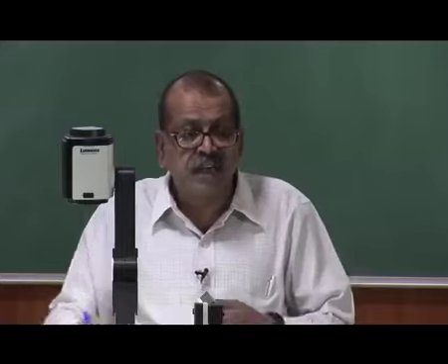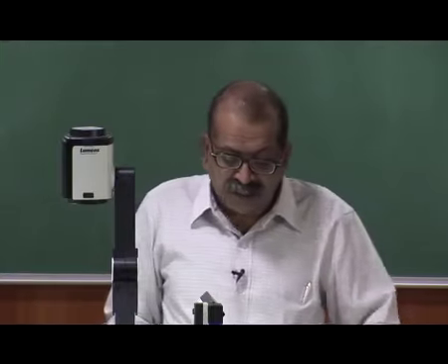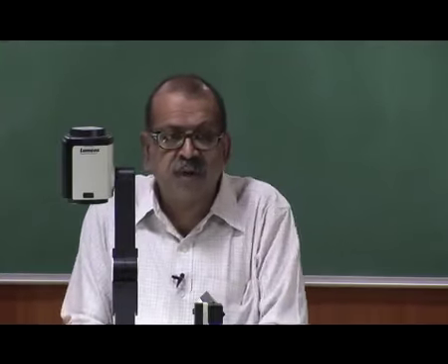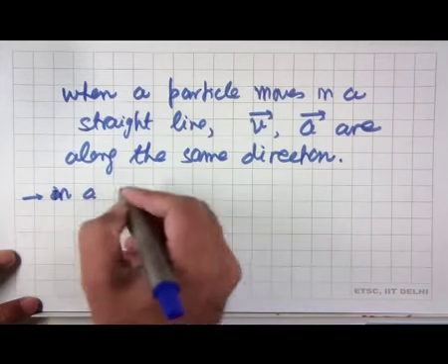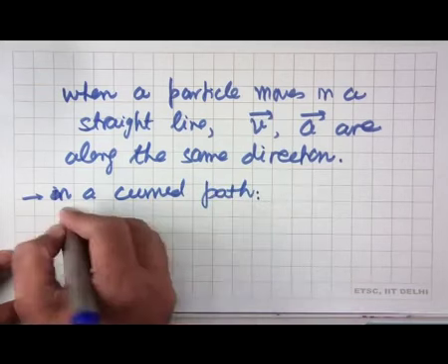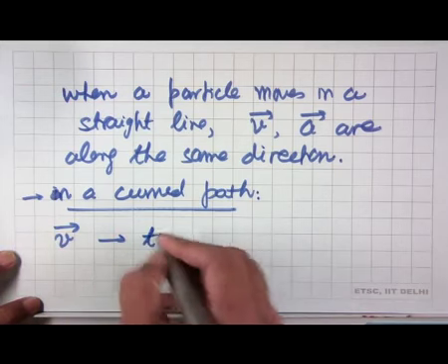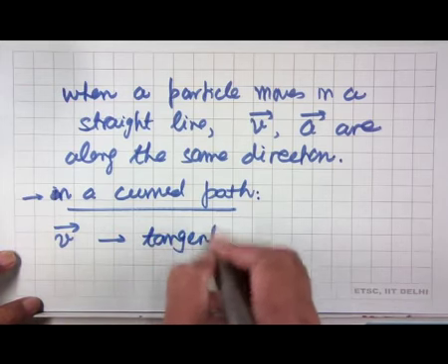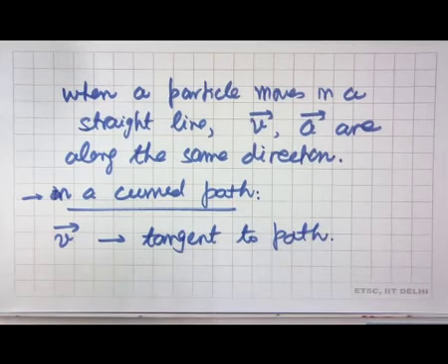Of course, it can have a negative sign, which means it could be against that direction, but in general that vector direction will be the same, it will be along that. But when a particle is moving in a curved path, then the first thing we have seen is the direction of velocity at any instant is tangent to the path. Now, what about the acceleration?